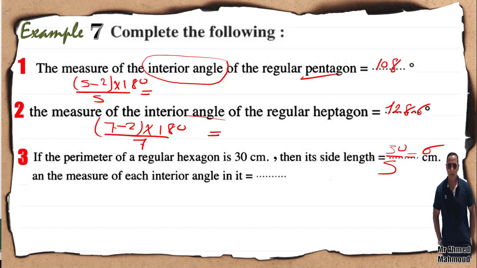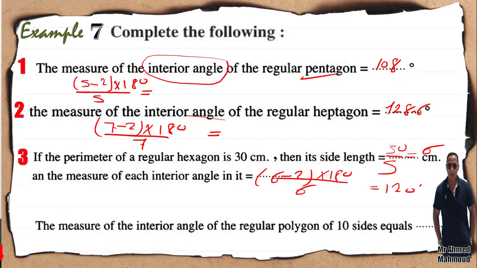And the measure of each interior angle of the hexagon: 6 minus 2 times 180 over 6 equals 120 degrees.